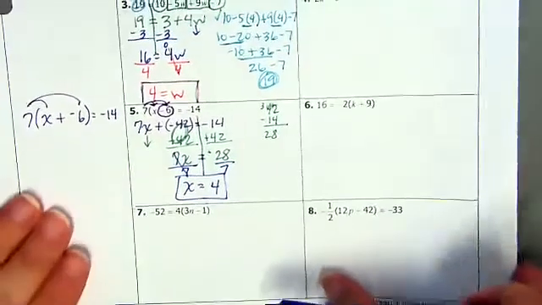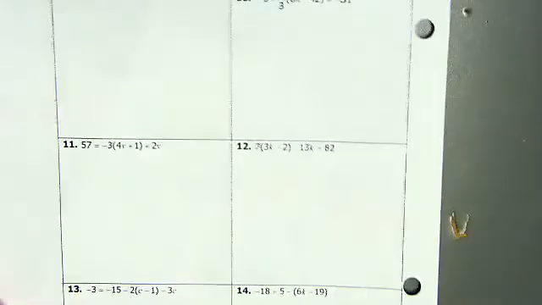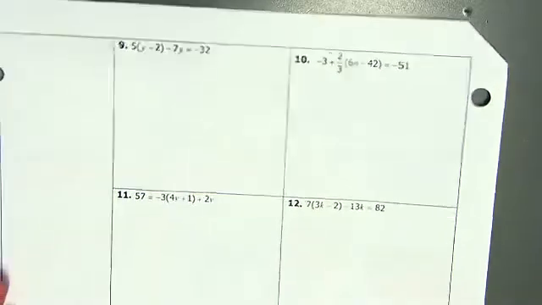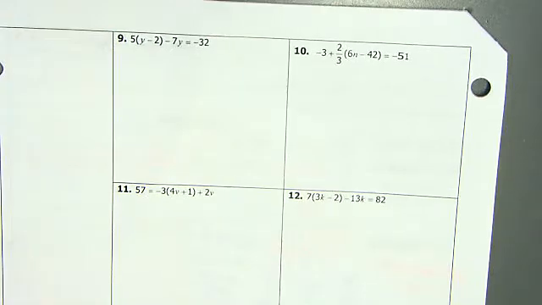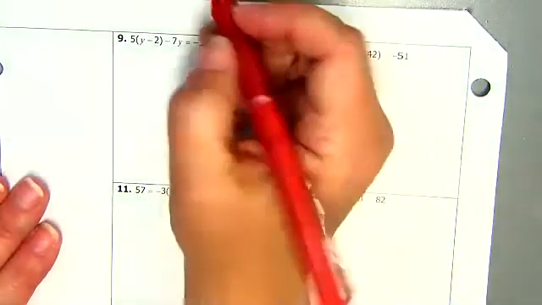And moving right along, because the best way to do this is just with practice problems. Looking at number 9. This is where we're going to combine the distributive property and combining like terms in one problem. So first, remember first we distribute.